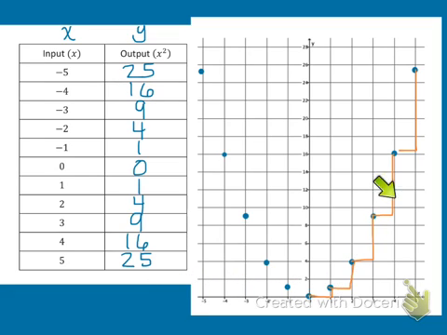So this graph gets steeper and steeper and steeper, and that's what makes it not a line, because the rate of change is different. So let's actually calculate those rates of change. And so we're going to use the data from this table, but I'm going to have to go to a different screen.